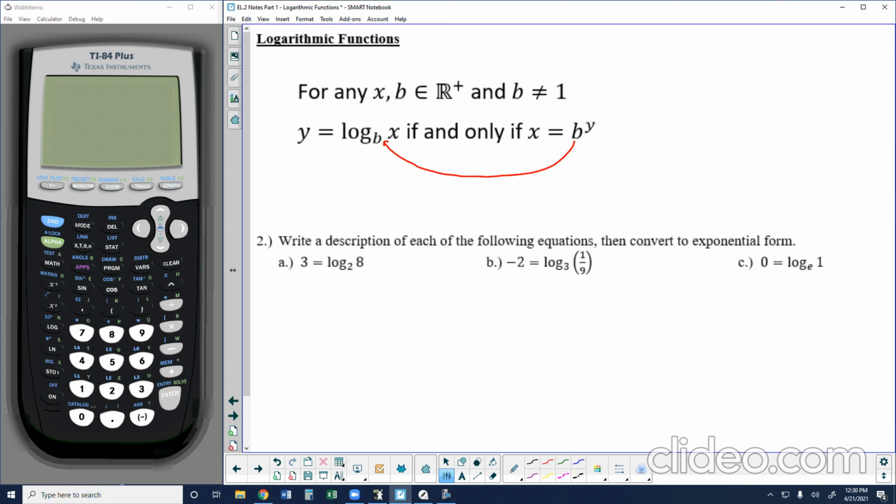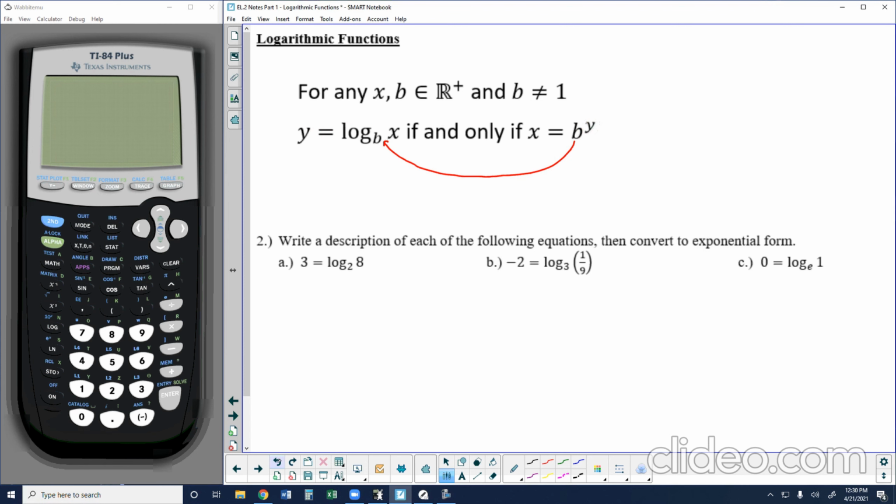It is now written as a subscript to the logarithm if I'm going to put this into logarithmic form. The input function, or the input value, which in this case was y, now becomes the output. And we know that to be true because we said that logarithms and exponentials are inverses of one another, and that's what inverse operations do.